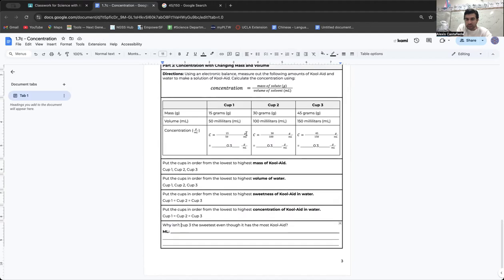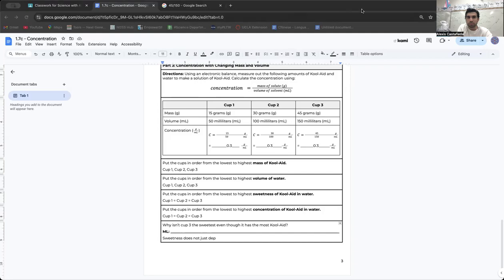What this is to say is that just because something has more sugar or more Kool-Aid, it doesn't necessarily mean that it's the sweetest, because sweetness does not just depend on the amount of Kool-Aid.